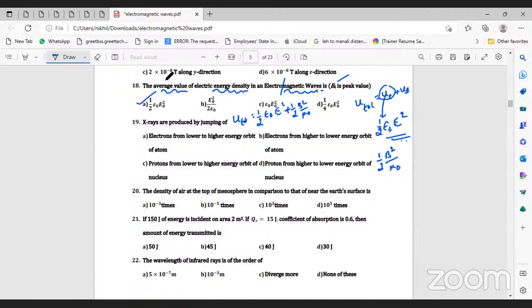Now, they are expecting the average. Since it is going to be divided into two parts, one for the electric field and another for the magnetic field, this is the energy for the electric field. If you want to find the average energy, it will be half of the electric field energy, the reason being the other half is taken up by the magnetic field.